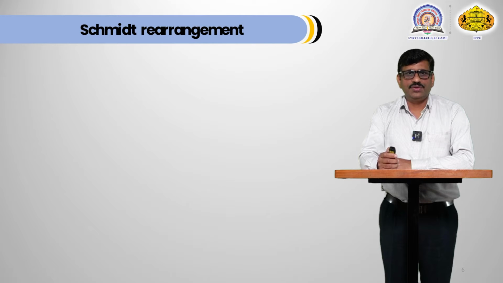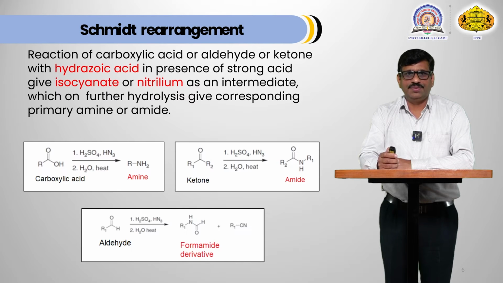During the last lecture, we have also seen the Schmidt rearrangement. Reaction of a carboxylic acid, aldehyde or ketone with hydrazoic acid in the presence of a strong acid gives an isocyanate or nitrilium ion as an intermediate. This intermediate on hydrolysis produces a primary amide or amine.